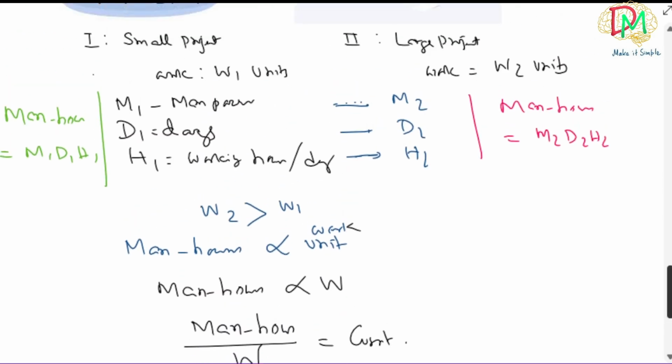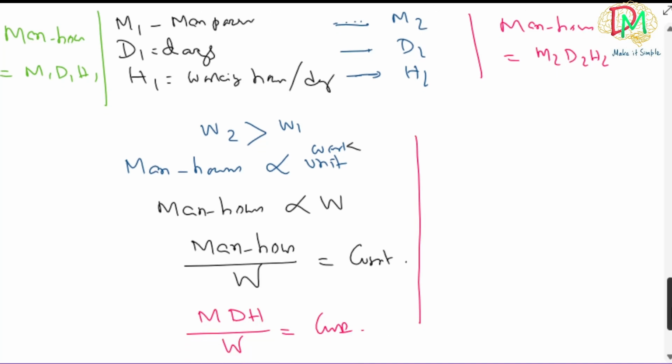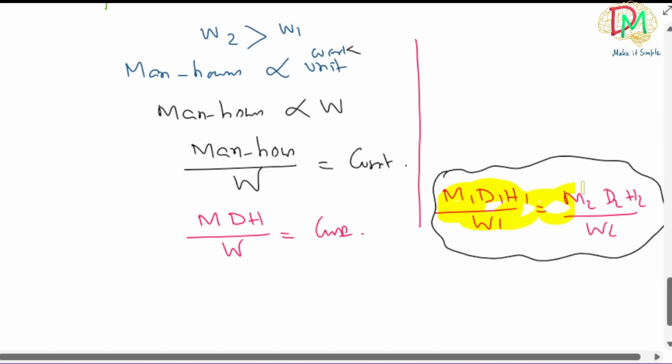For the above case, we can write M1 D1 H1 by W1 is equal to M2 D2 H2 by W2. From this formula, we can easily find out any unknown value if the other values are given.